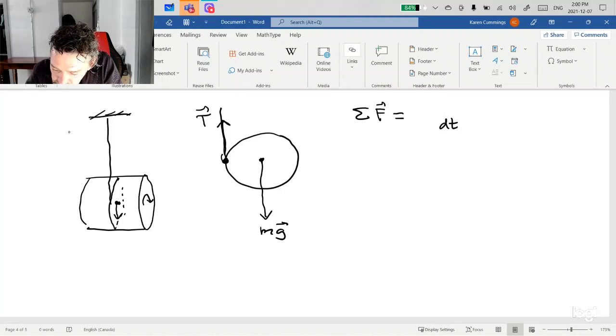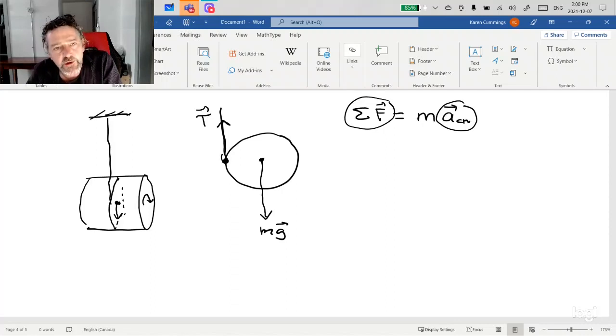In fact, let me just write it this way. We did this calculation, so I don't want to go through that again, but at the end of the day, it turns out to be the mass of the object times the acceleration of the center of mass point. So if you look at just the Newtonian dynamics of this thing, it says that the acceleration of the center of mass is exactly in the direction of the net force, regardless of where those forces are applied.